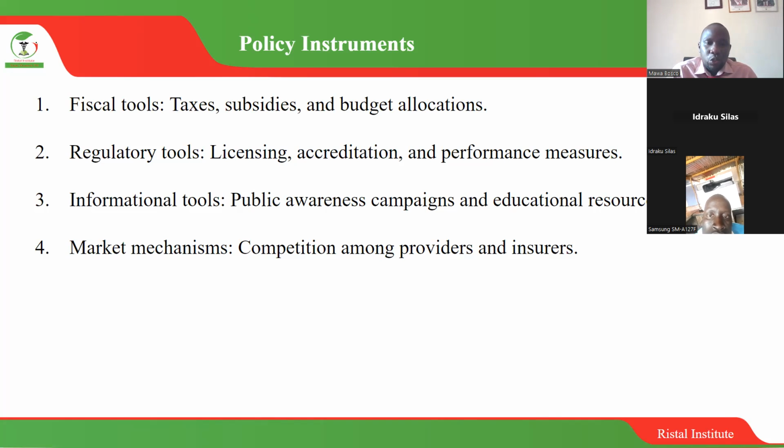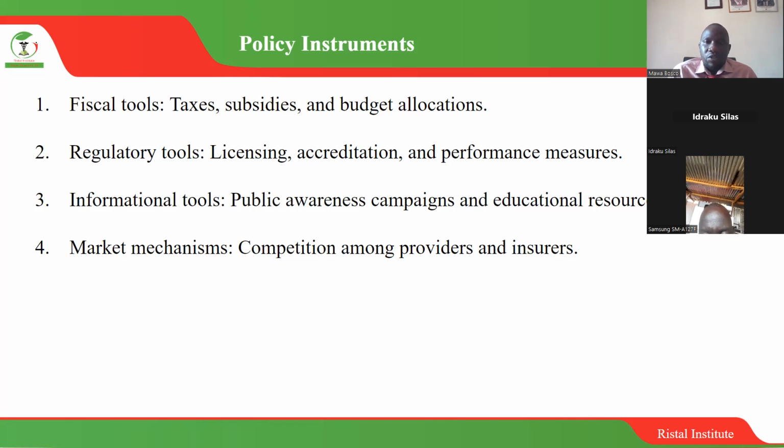And then we have informational tools, issues to do with public awareness, campaigns, and educational resources. And then marketing, market mechanisms. For example, the government can decide to involve itself in the provision of a particular service. This can regulate the market.